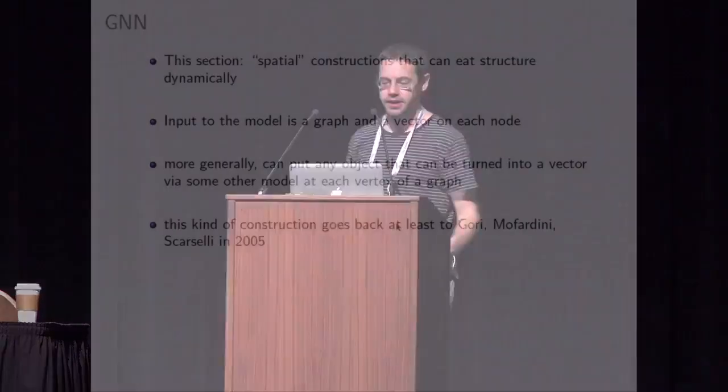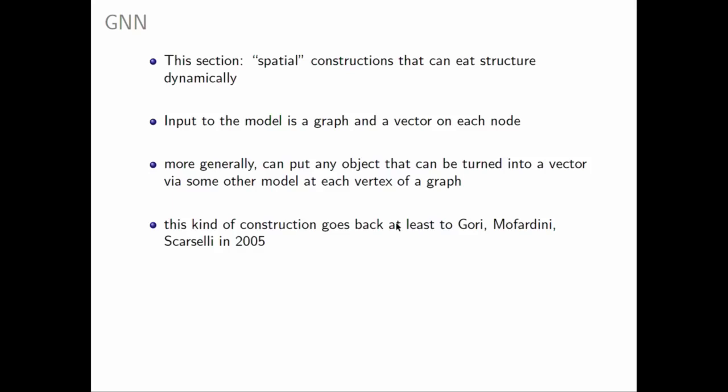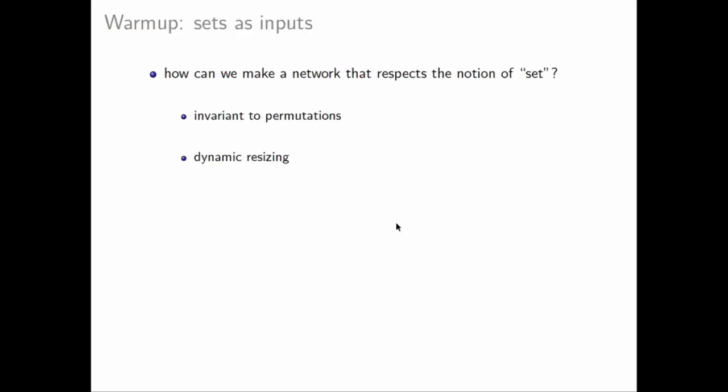They're older than a lot of the stuff we've talked about. But people had forgotten, as has happened. So Gori, Monfardini, and Scarselli had the graph neural network construction in 2005. It's actually a very general paper that foresees a lot of later things that we decided were important.